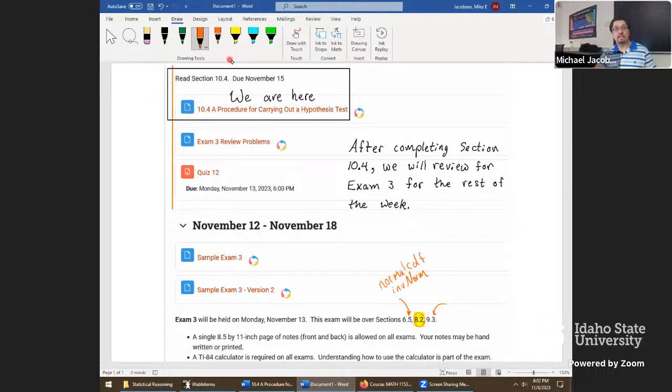And section 9.3, as for the purposes of the calculator, well, there's really not a lot. What I would do for this is be sure to include the z-score table from section 9.3 and include it in your notes.